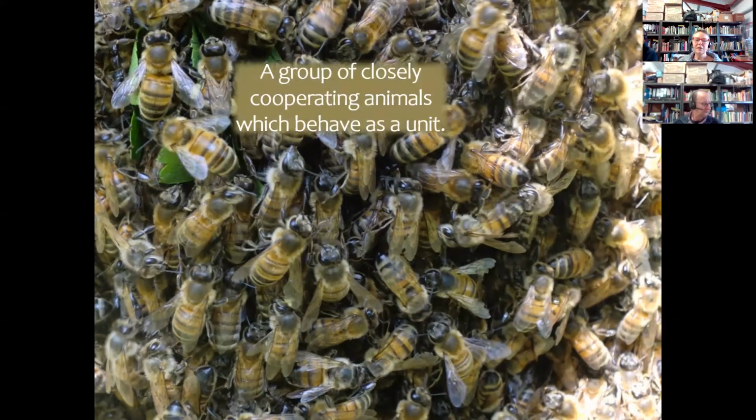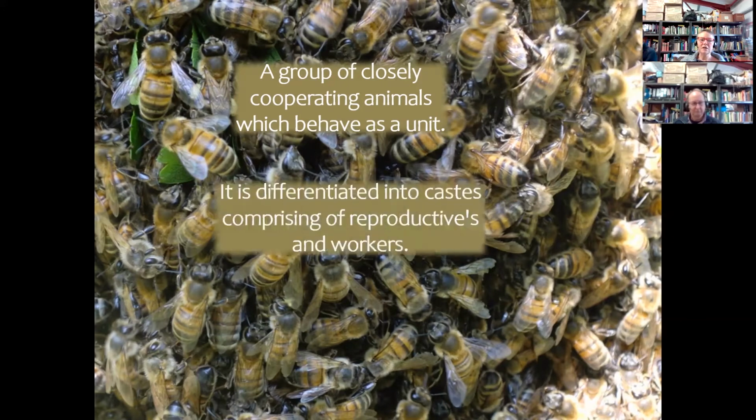If we just go back to being a superorganism at the moment, it's a group of closely cooperating animals which behave as a unit. They're all individuals, and the way conflict is avoided in this big family is that the worker bees particularly are differentiated into castes. So the queen does nothing but lay eggs.